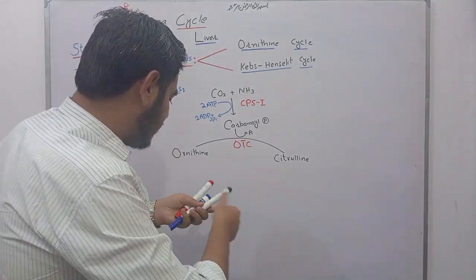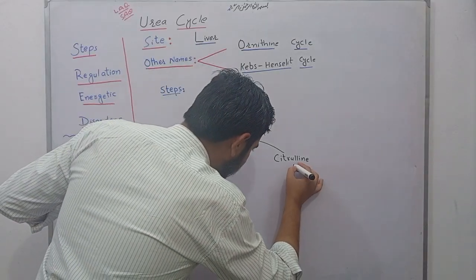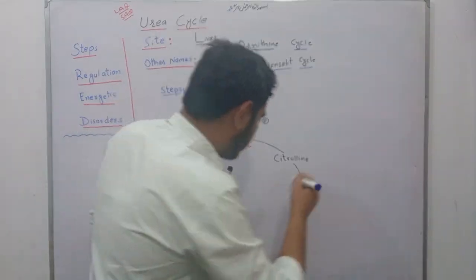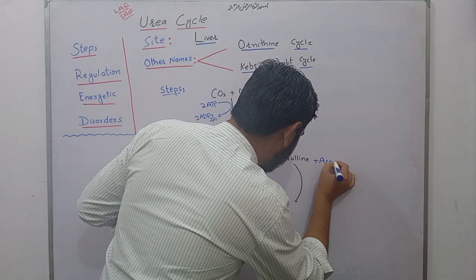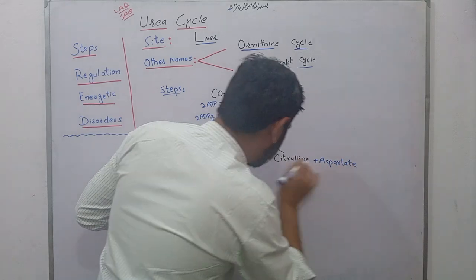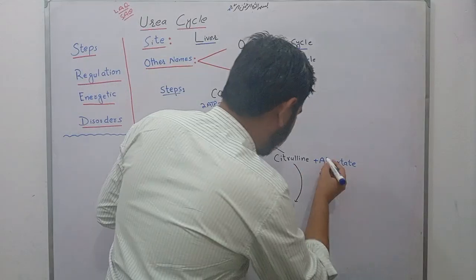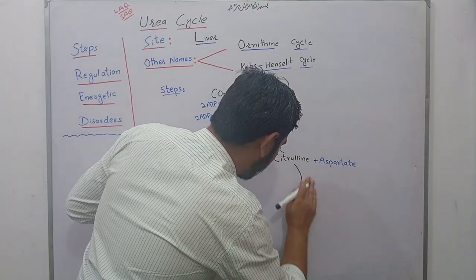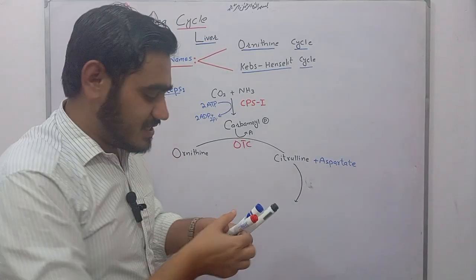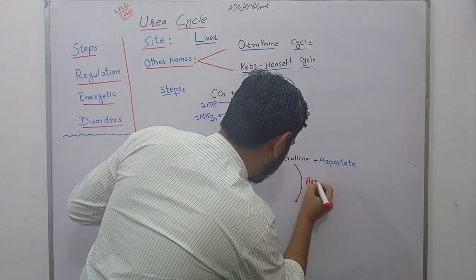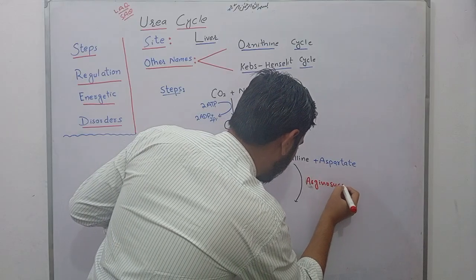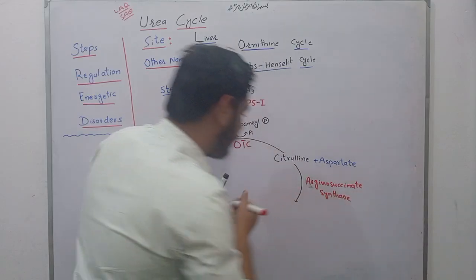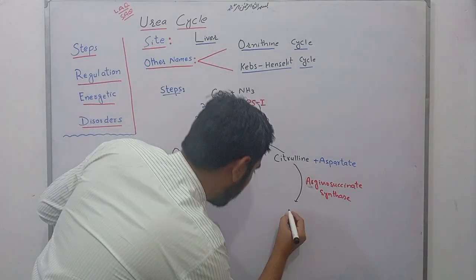Now coming toward the third step. In the third step, the aspartate gets attached with this citrulline, with the help of the arginosuccinate synthase enzyme, and there is a formation of arginosuccinate.